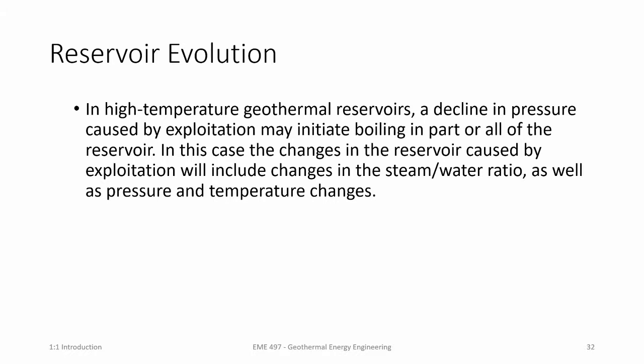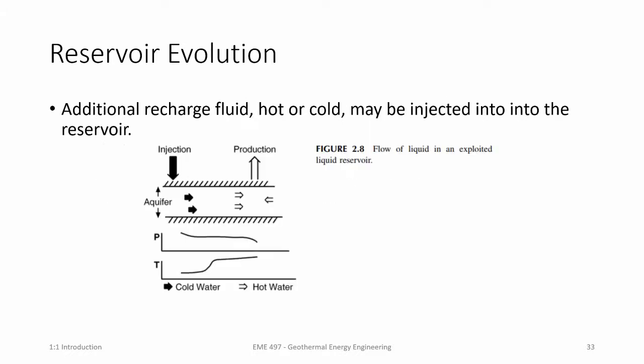So in high temperature geothermal reservoirs, a decline in pressure caused by exploitation may initiate boiling in part or all of the reservoir. In this case, the changes of the reservoir caused by exploitation will include changes to the steam-water ratio as well as pressure and temperature changes. So this is something that needs to be considered when trying to exploit a geothermal system.